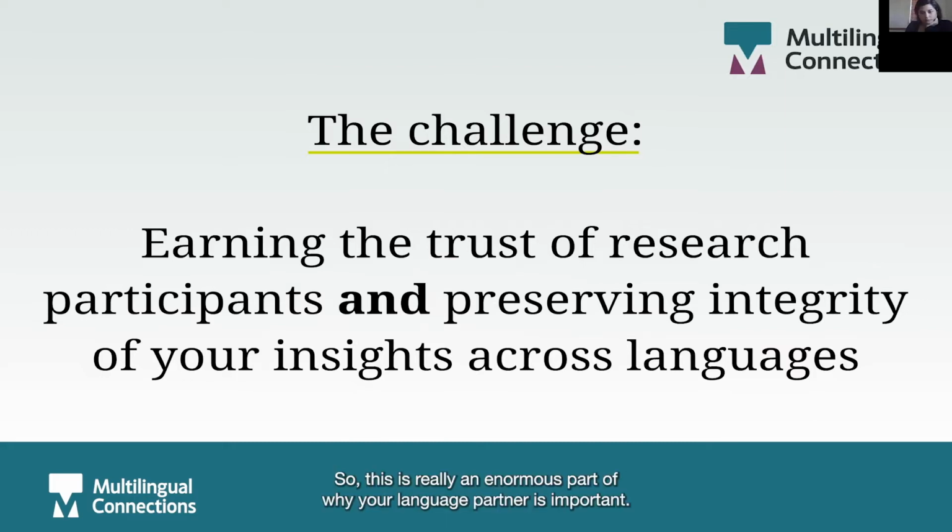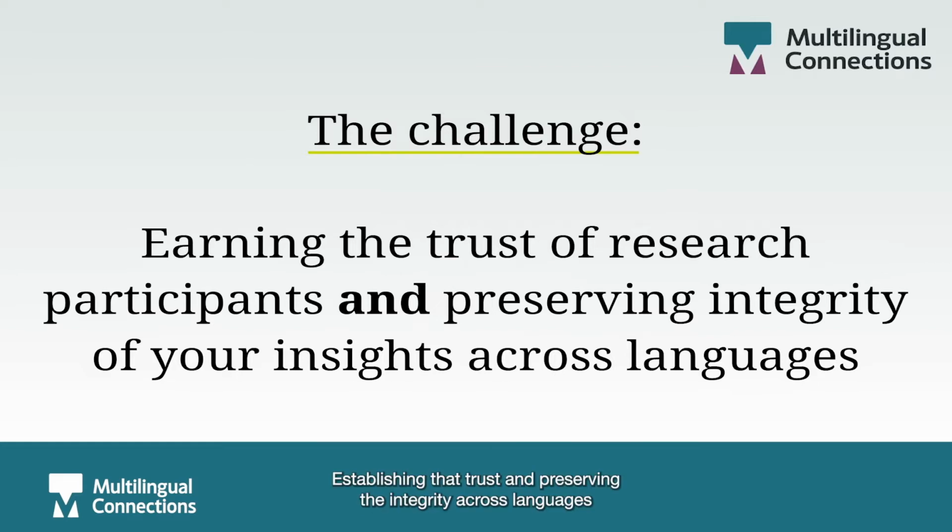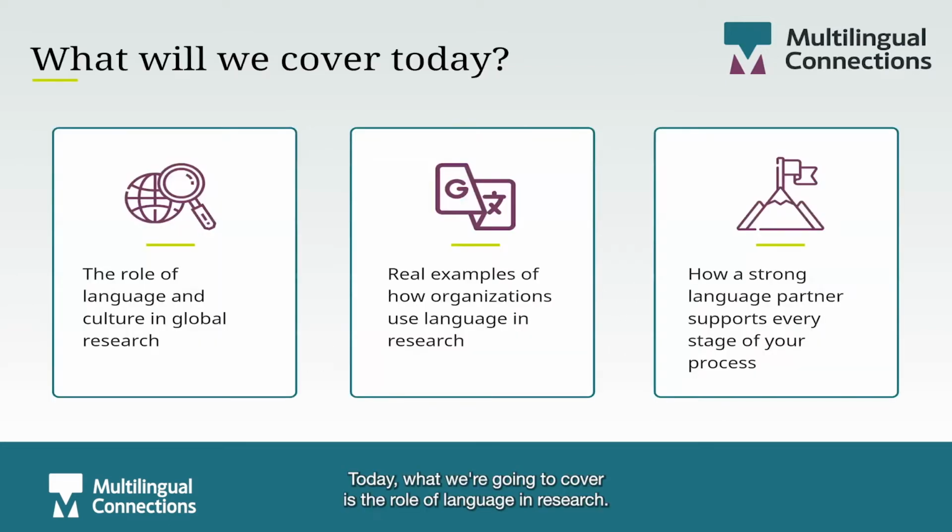So this is really an enormous part of why your language partner is important. Establishing that trust and preserving the integrity across languages of the insights is really a matter of understanding language and culture whenever your research is international or covering multiple languages and cultures. Today, what we're going to cover is the role of language in research.